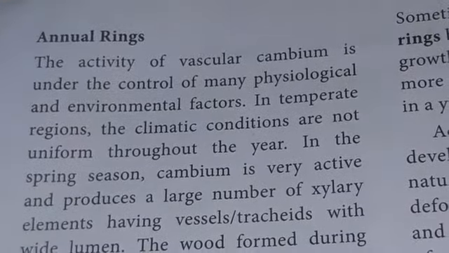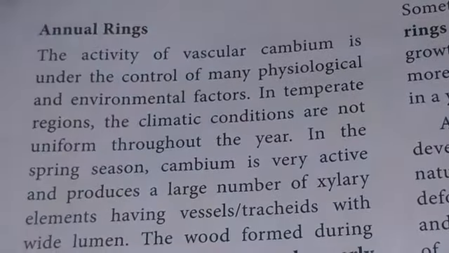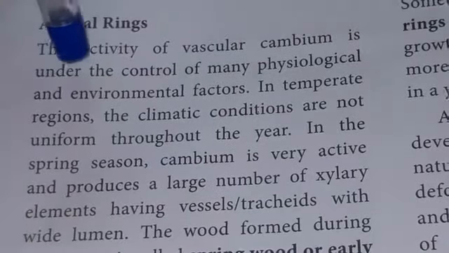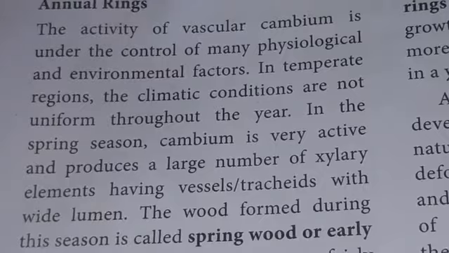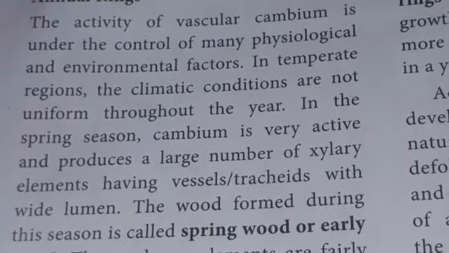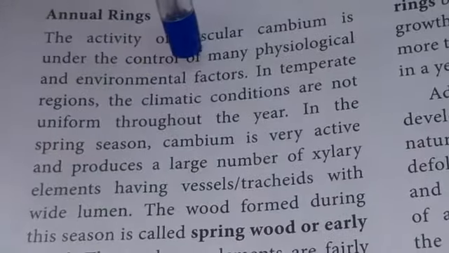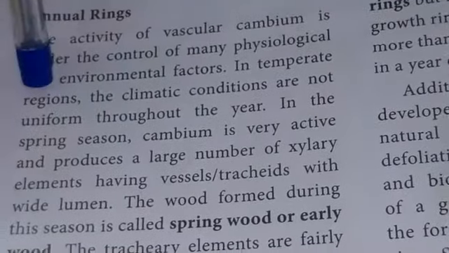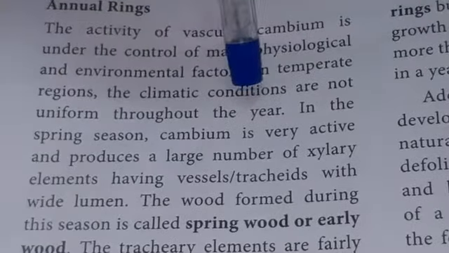Annual rings. The activity of the vascular cambium is under the control of many physiological and environmental factors. In temperate regions, the climatic conditions are not uniform throughout the year.